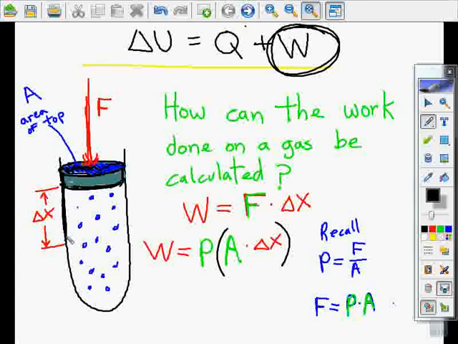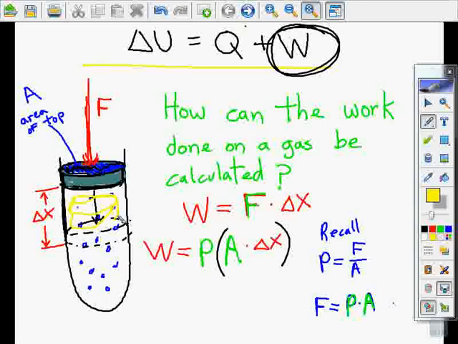If the piston moves down to here, this volume right in here is going to be equal to the change in volume of the chamber. It's how much the volume changes.